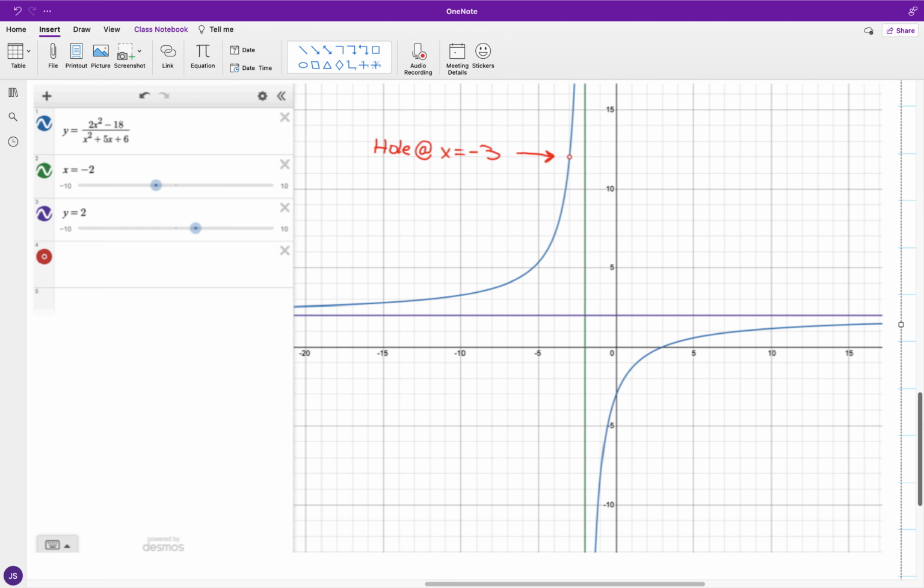Okay, so for the key features, you've got the asymptotes, and again we have the hole located at -3.